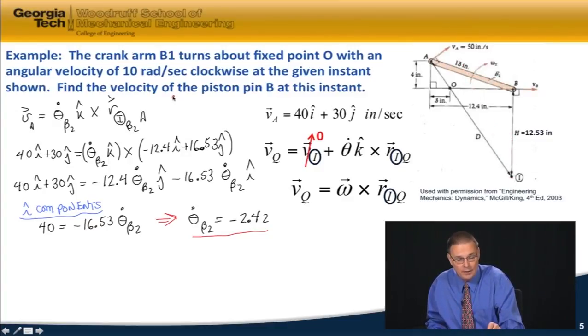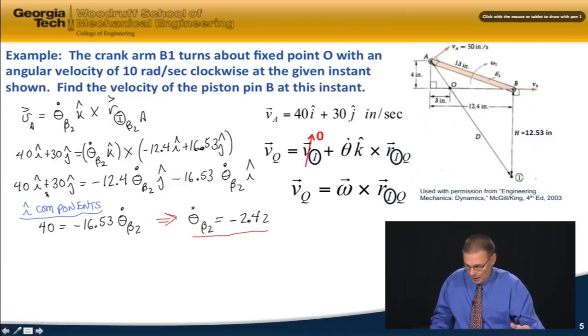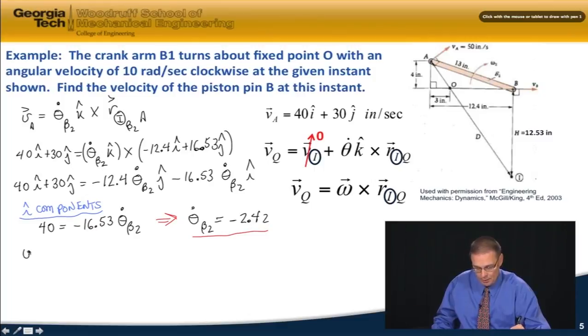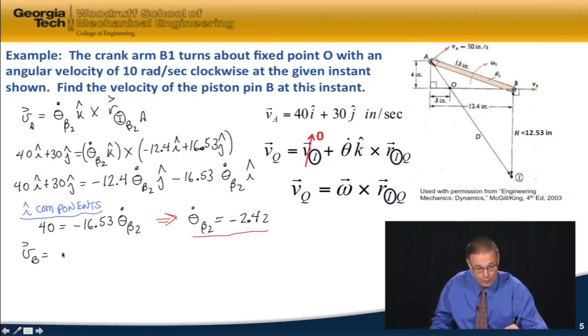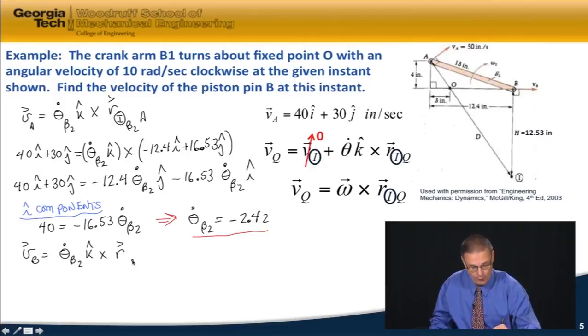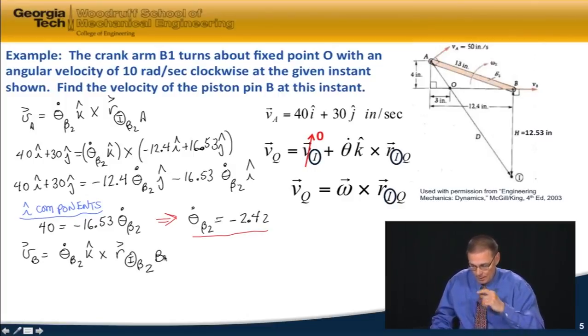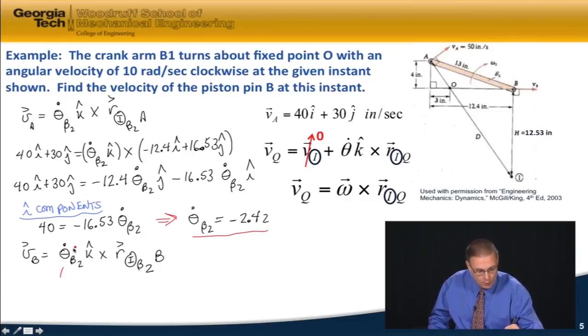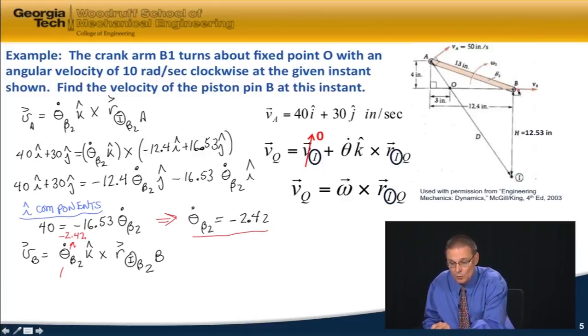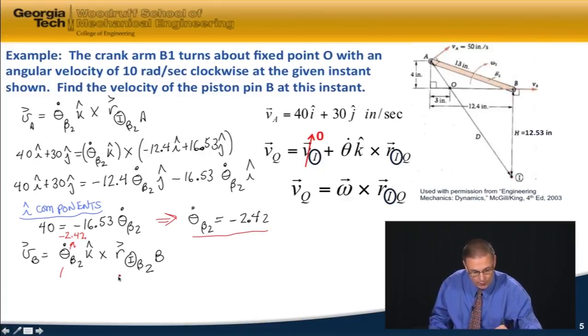So the one I want to find is the velocity at the piston pin B. And so I'm going to write my instantaneous center equation again, and I'll get the velocity of B is equal to theta dot B2 in the K direction crossed with a position vector from the IC for body B2 to point B. And we know that theta dot B2 is minus 2.42. We've solved for that. R from the IC of B2 to B is just 12.53 in the J direction.